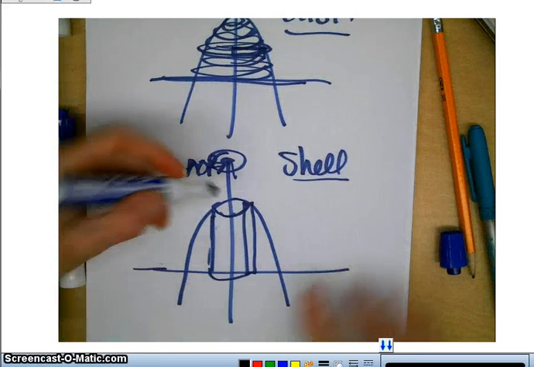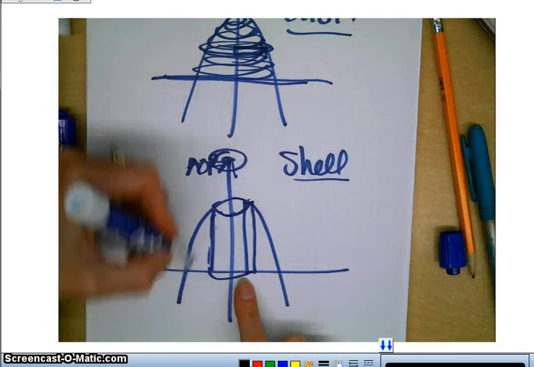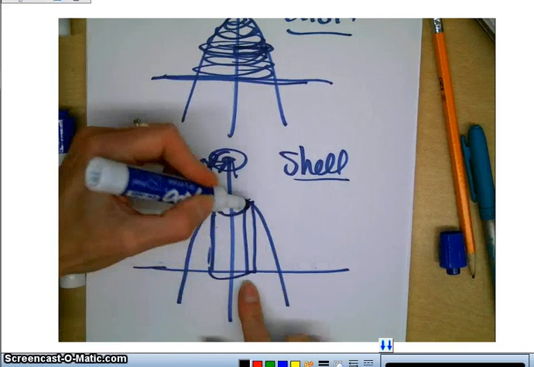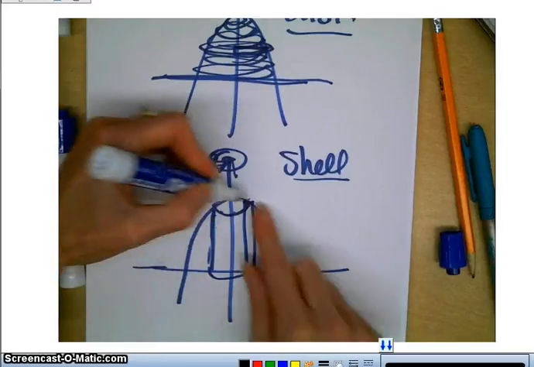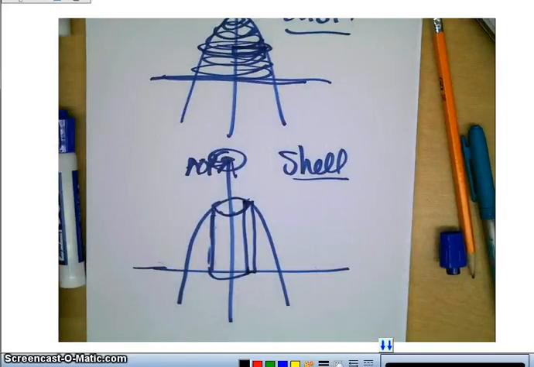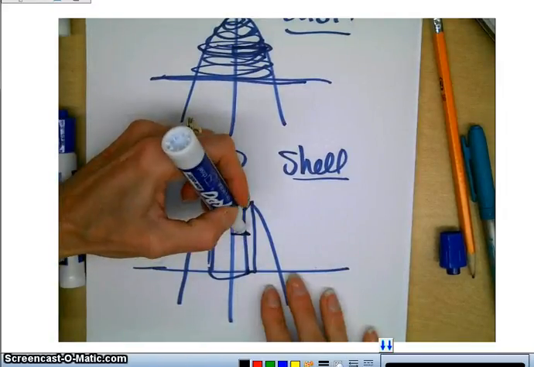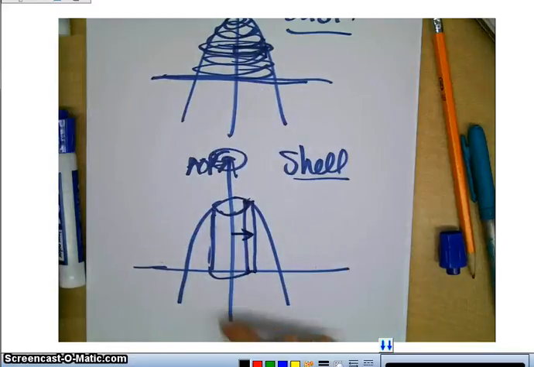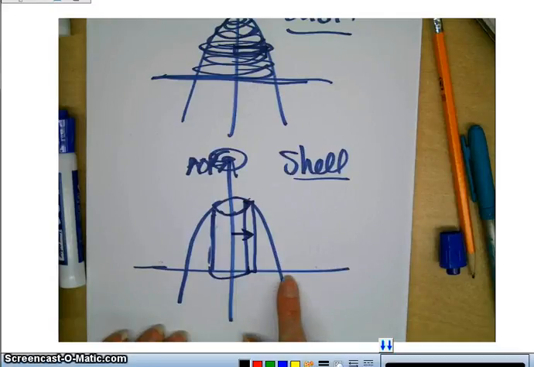Now, all of these shells have a height that is determined by your functions. And the radius, the distance from your axis of revolution, is determined by kind of the limits of integration.